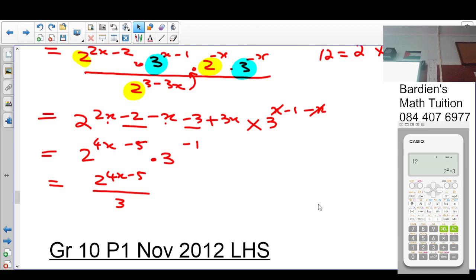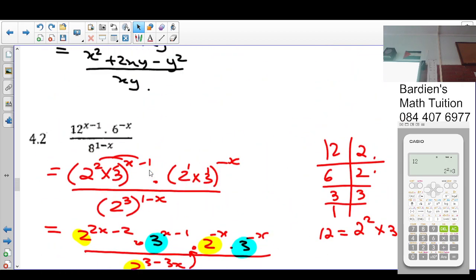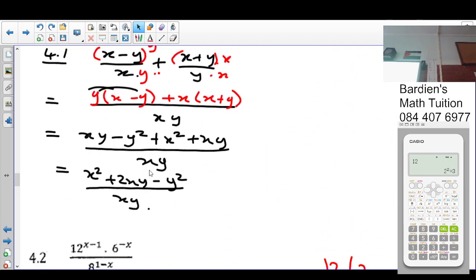So what if you didn't do it as a fraction? Fraction is fine. Because what did the instruction say? Got to question 4? Did it read "simplify and leave answer with positive exponents"?